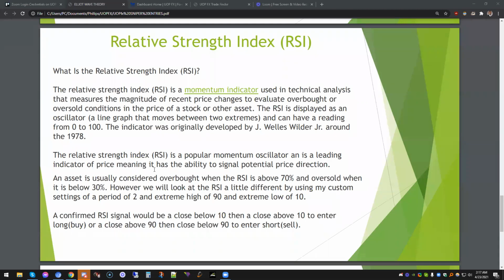Okay. So before we would use the RSI indicator with a period of 14, and I used to use it with a period of 8 as well. Okay, so using it with a longer period would be looking at the price over a longer period of time.